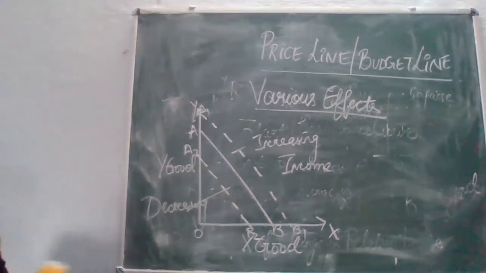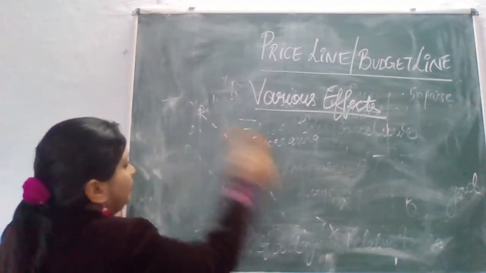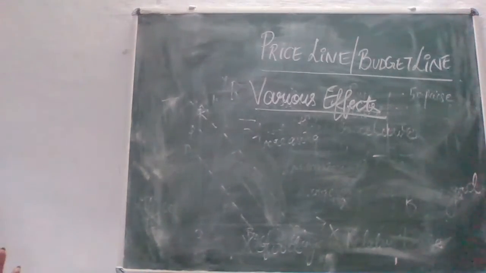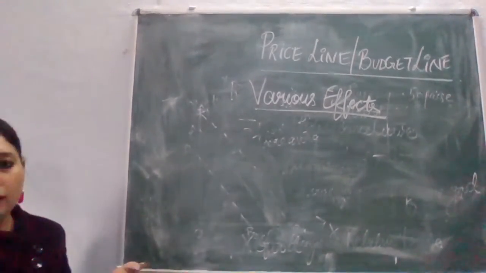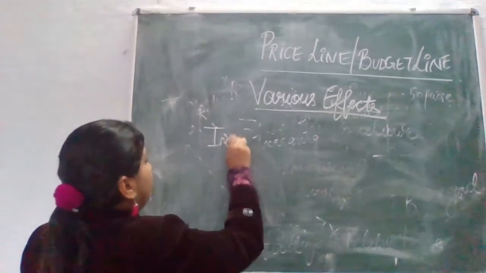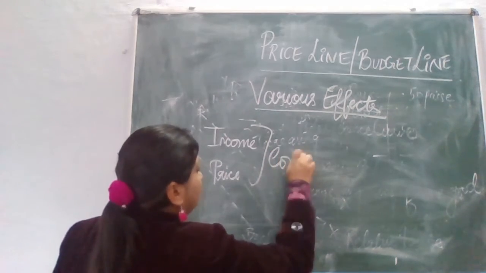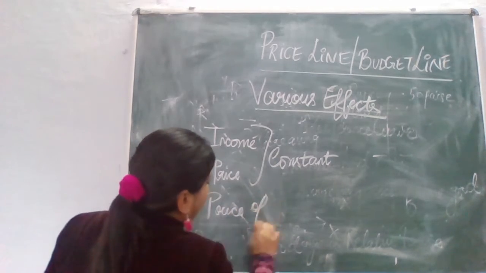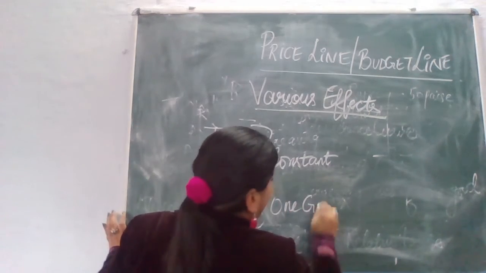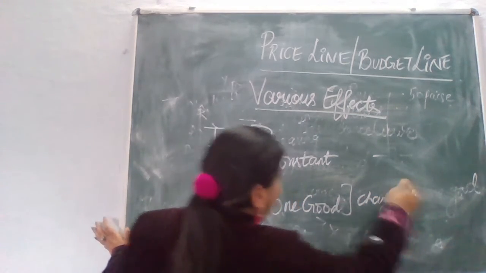Now second one was effect of change in price of one good on price line. अगर एक गुड का प्राइस चेंज होता है और इनकम और प्राइस कांस्टेंट रहते हैं, ओके, here your income and price are constant and price of one good is changing.